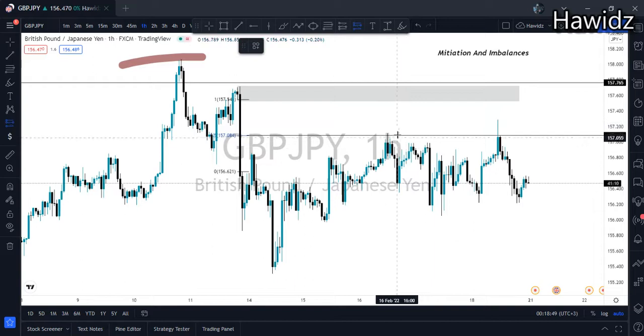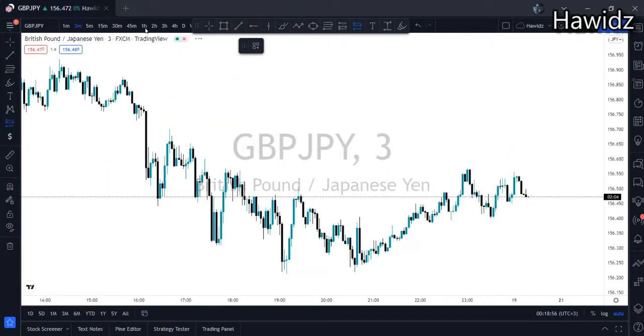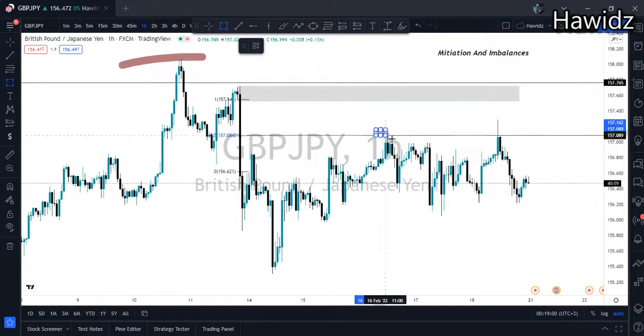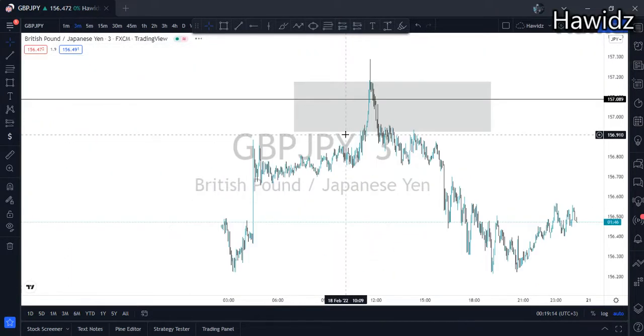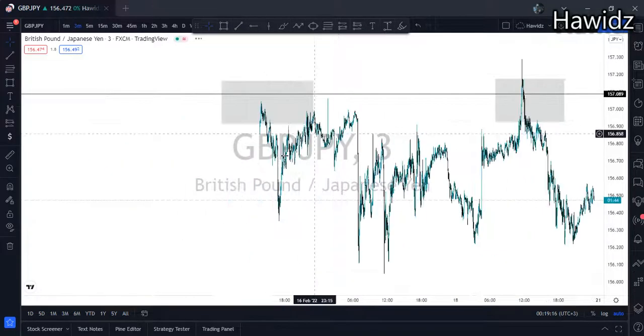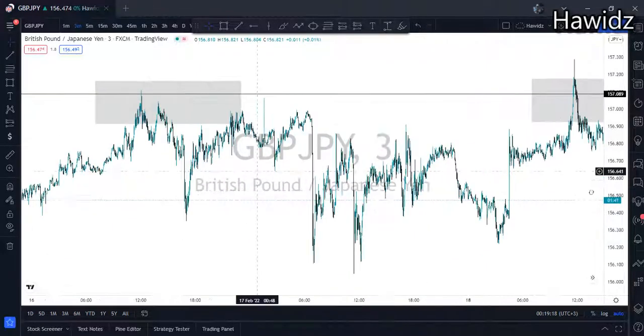So if price comes here and then breaks down, you go to maybe a 3-minute chart. Let's go to the hourly so we can mark this portion right here. If you trade from the 50% mitigation, you can use the rule of 30 to confirm this, so as to minimize your risk.